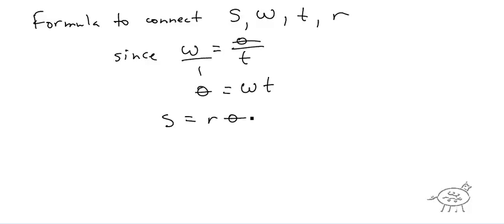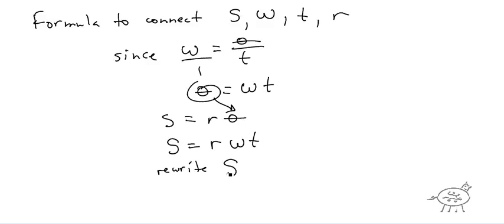Okay, so if you can see what I'm going to do here, I'm going to substitute that right into there, and I get arc length equals r omega t. And just an easy way, I don't care how you memorize it, but if I rewrite it, you get S equals omega t r.